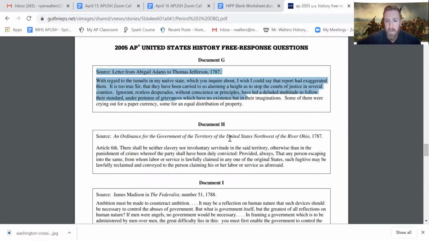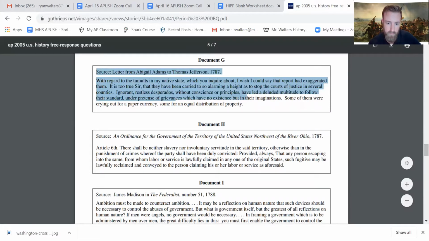So what is her concern at this point in time? Some of the people who want the American Revolution, what do they want to do with it? They want to take it even further than just changing the government. They want it to look completely different. They want there to be paper currency, and I know that doesn't sound like a big deal to us, but think about back then.